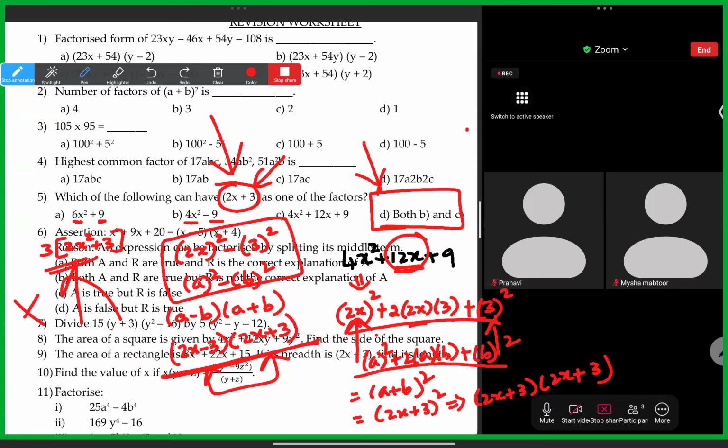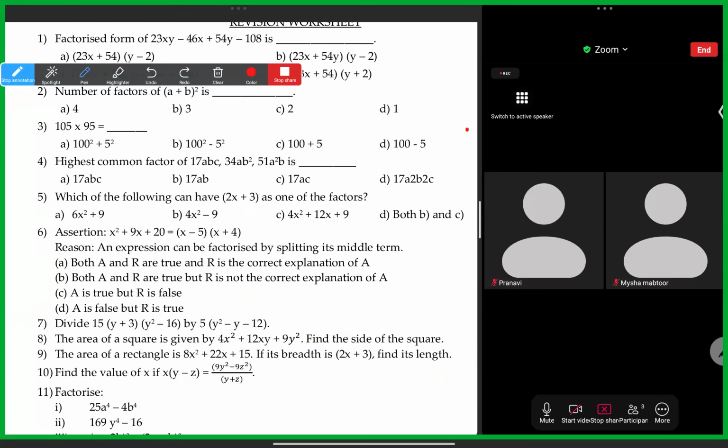I'm going to the next one. Then sixth question, x square plus 9x plus 20 is equal to x minus 5 into x plus 4. So Pranavi and Maisha, you can remember one thing. If the expression has a plus sign everywhere, 100% in its multiplication factors you will not have a minus sign at all. Okay. So this one, first itself, you can tell false.